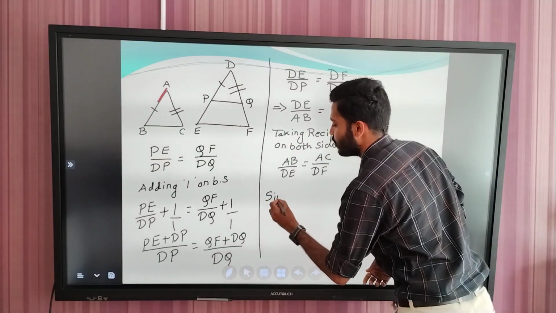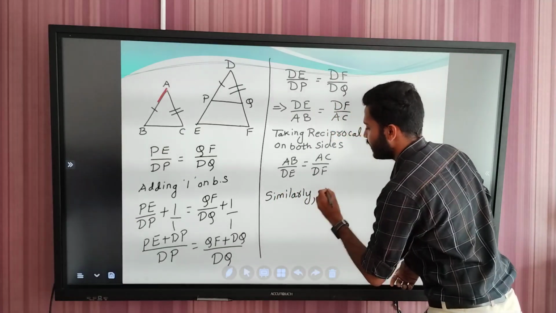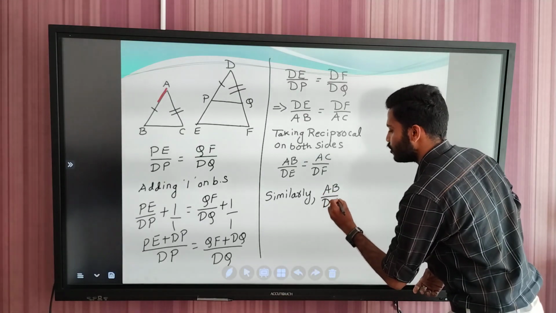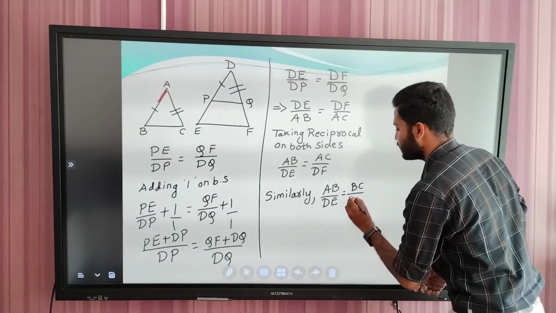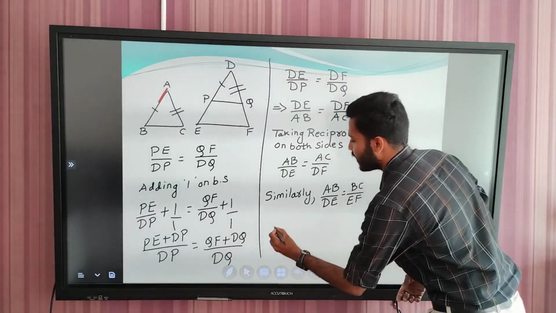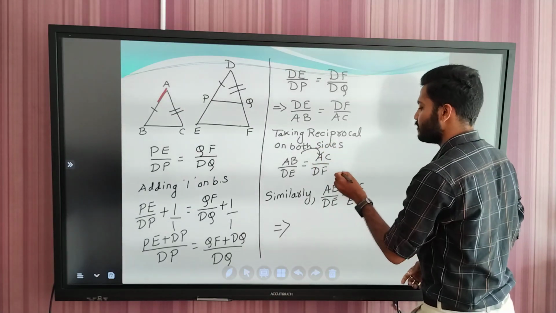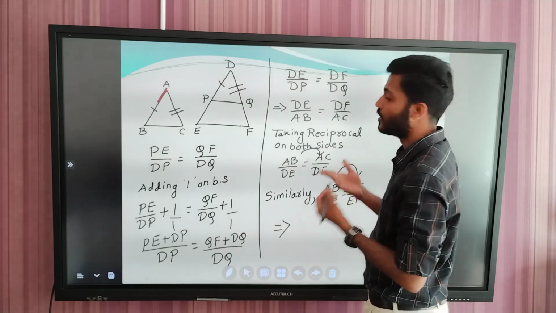So similarly, what I can do is, I can prove that AB upon DE is also equals to BC upon EF. Correct? So this implies AB upon DE is equals to AC upon DF, AB upon DE is equals to BC upon EF. So using these two, what I can say?